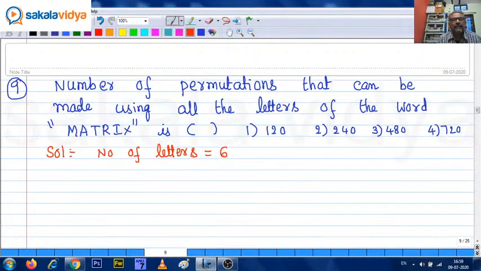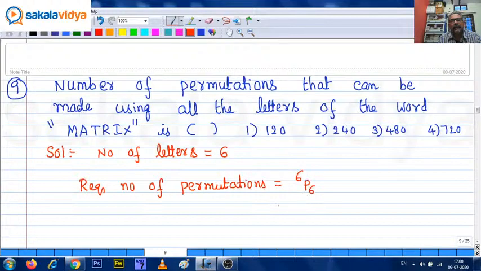That means 6 places need to be filled with 6 letters. Required number of arrangements or permutations equals 6P6, that is 6 factorial. 6 factorial means 720 is the right answer. That means 6 into 5 factorial.